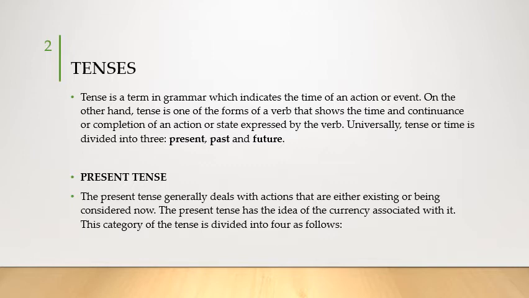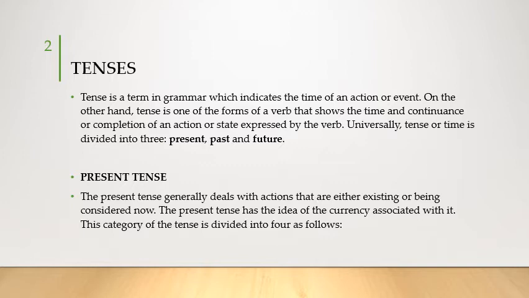On the other hand, tense is one of the forms of a verb that shows the time and continuance or completion of an action or state expressed by the verb. Universally, tense or time is divided into three. We have present, we have past, we have future. These are the three types of tense that we have in English.